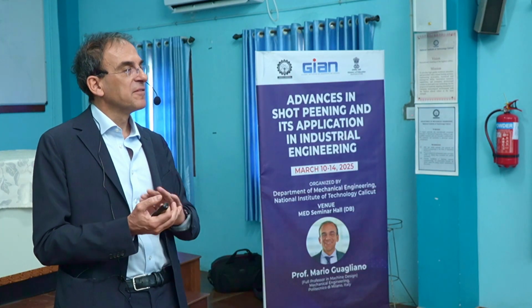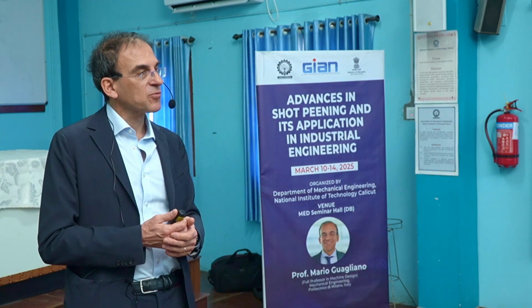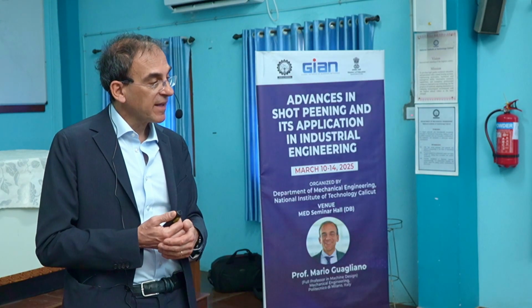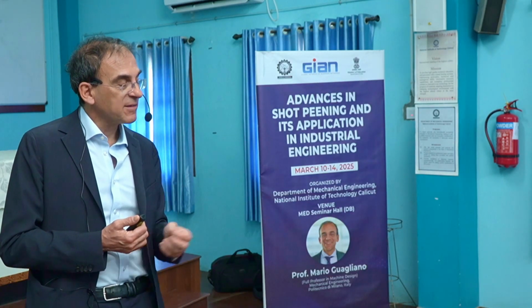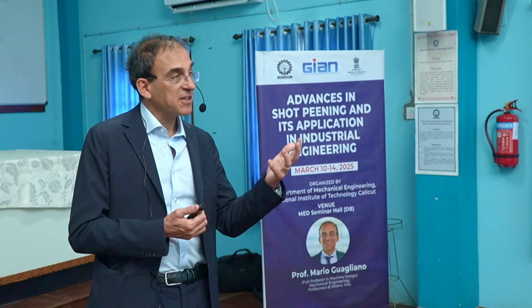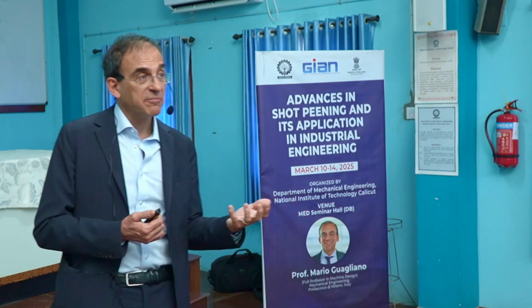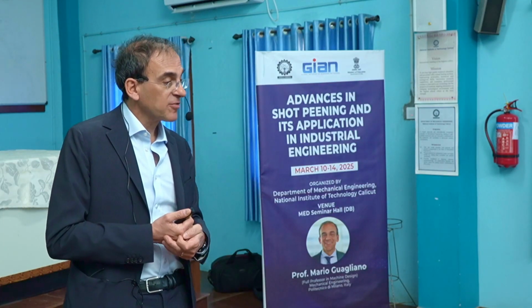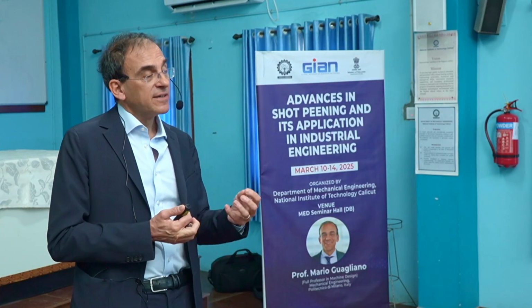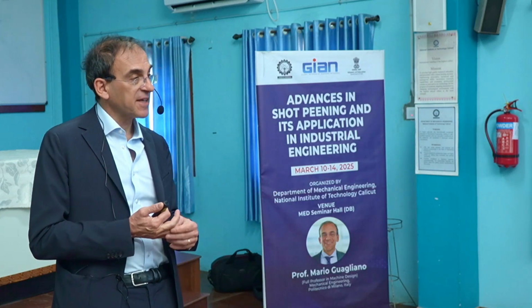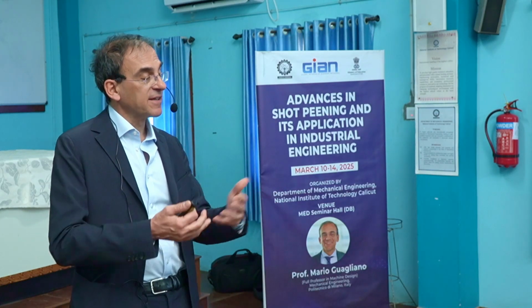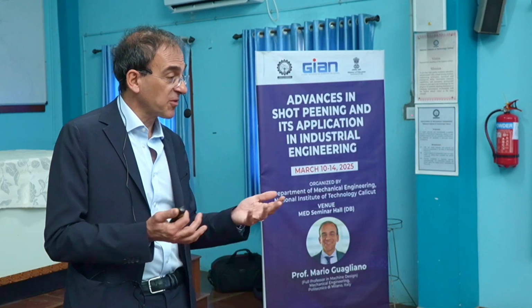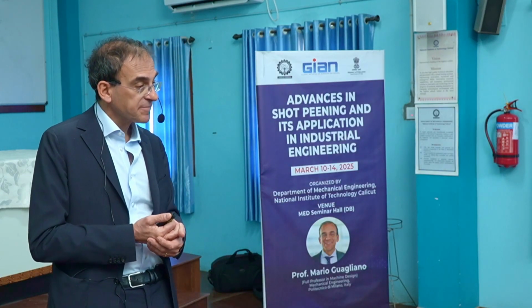We need something that is possible to apply easily and fast. And the concept of intensity that is based on kinetic energy and is used today is, as I already said, the one that was defined by John Almen, initially at General Motors and then universally applied, and it is called, of course, the Almen intensity.